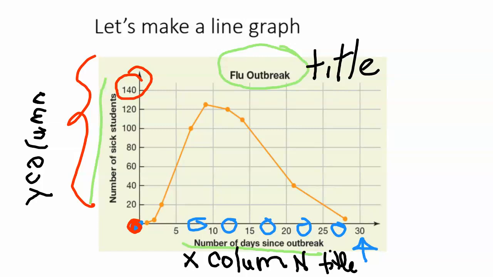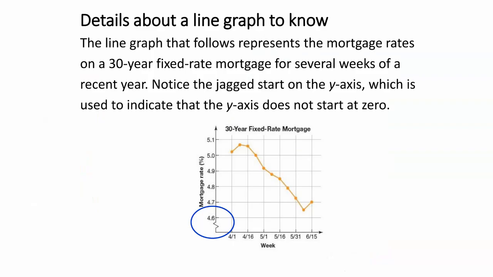Now, a couple of other things you need to know. There are little details about a line graph. Now, if we have a story problem that talks about mortgage rates, well, we want to cover a period of time. Well, if you notice down here, I have this circle.